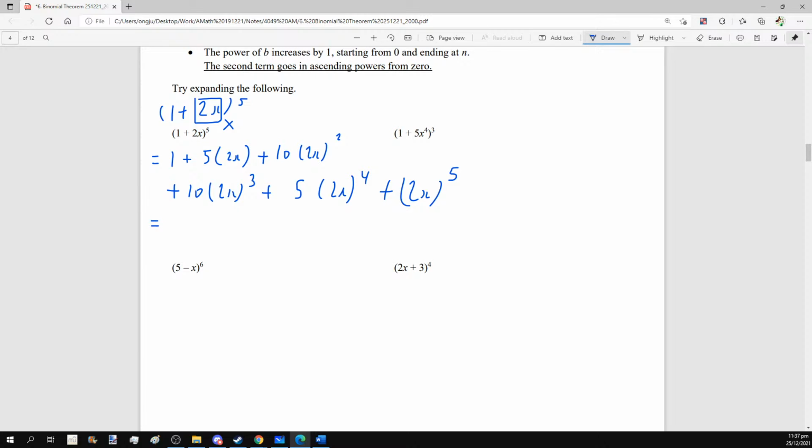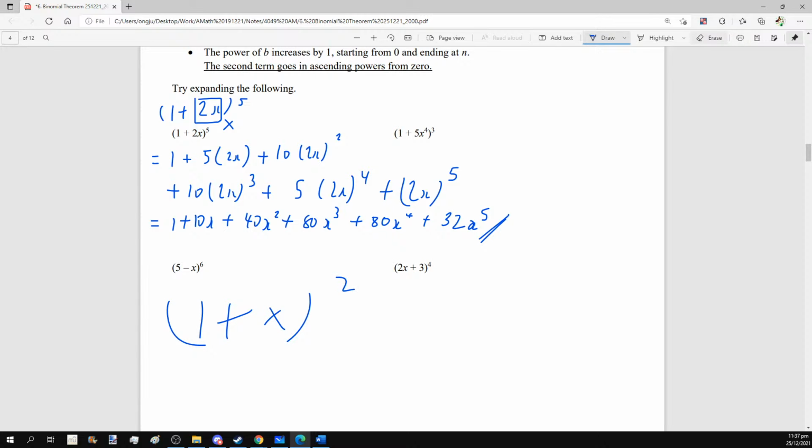From here, it should be a simple enough affair to open everything up. Like so, right? And therefore we have suddenly evolved, right? In secondary school we only learned (1 + x) squared. Now we can do power 5. We can even do more than 5.